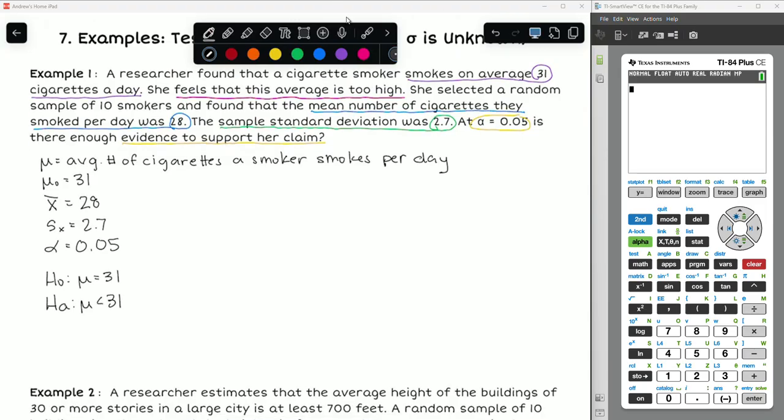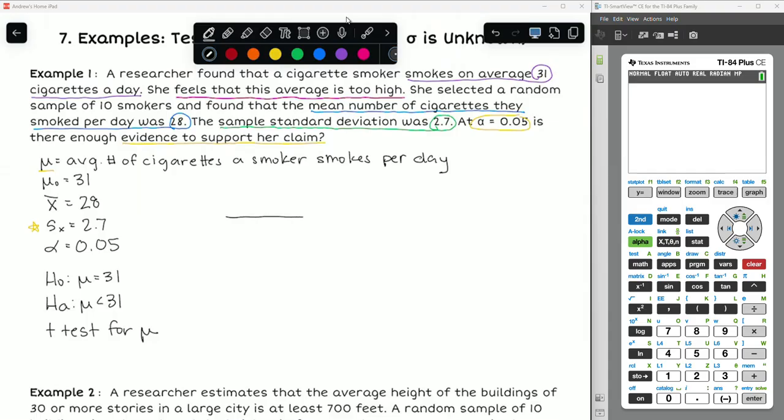I need to identify the distribution I'm going to use to perform this test. And since I have the sample standard deviation and it's a claim about a mean, I know that means that this is a t-test for the mean. Next, I'm going to calculate my test statistic and my p-value. Words are hard today.